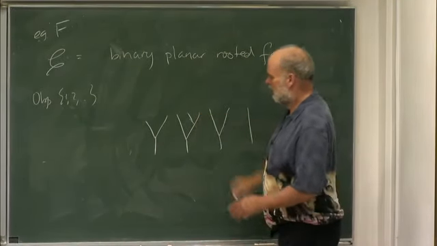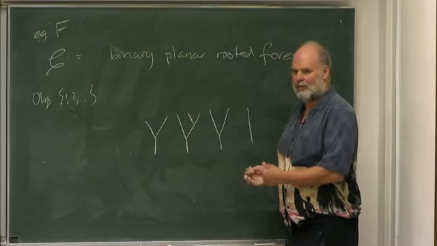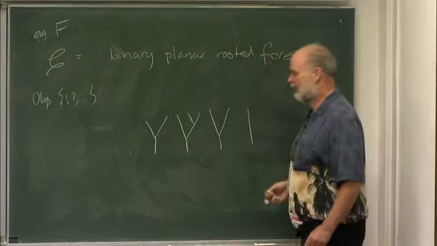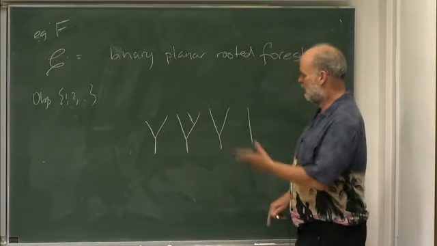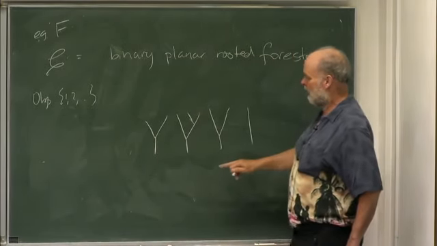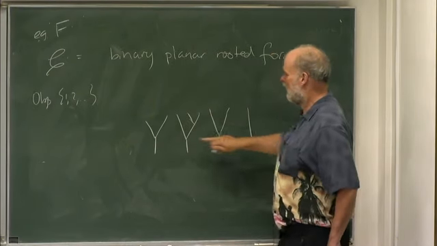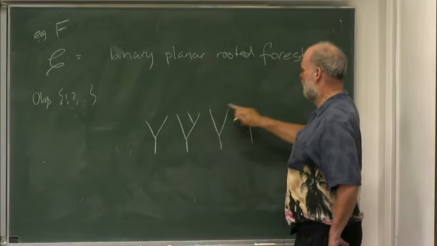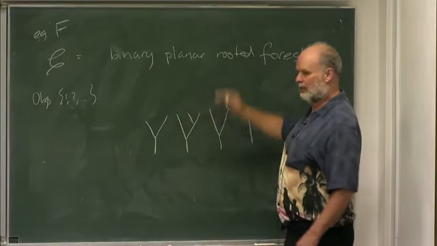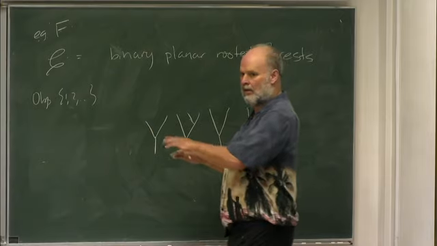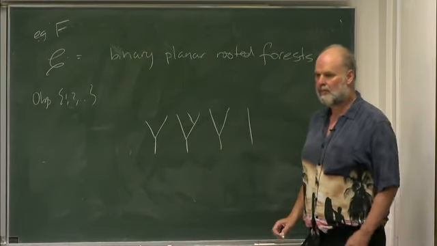Okay, so this is a binary planar rooted forest because these are real points here, and it's planar, so there's no ambiguities about which comes before which. And it's a morphism from 1, 2, 3, 4 to 1, 2, 3, 4, 5, 6, 7, 8. Obviously, concatenation in the category is just stack one on top of the other.